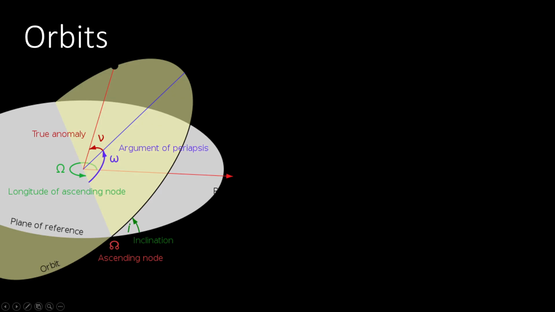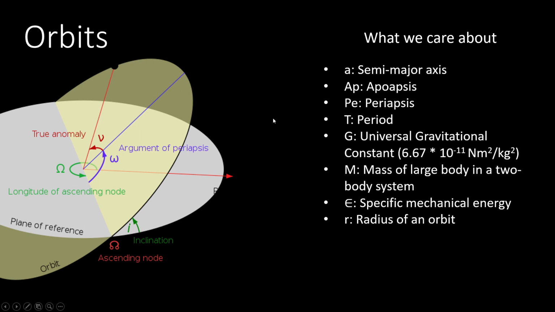So, now that we've got a basic understanding of how orbits and orbital parameters work, however, as you can see by the diagram on the left over here, the terminology surrounding them gets pretty wild. So let's focus on what we need to know to complete the task at hand.